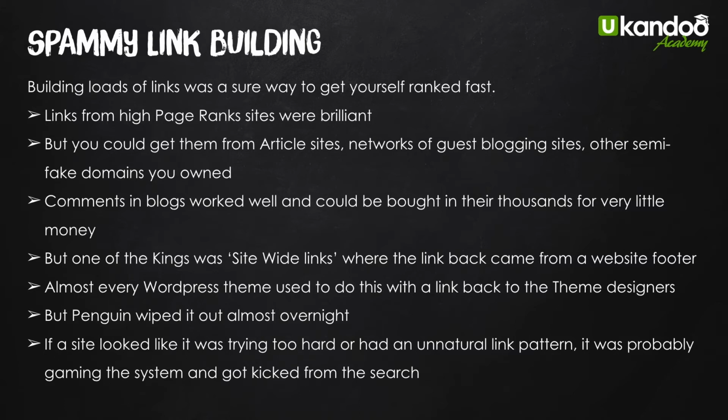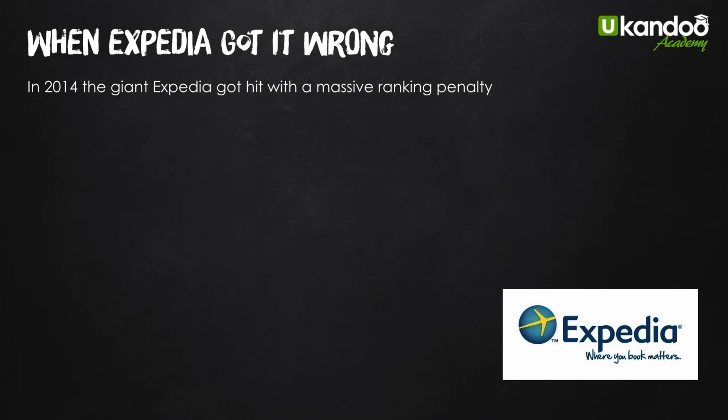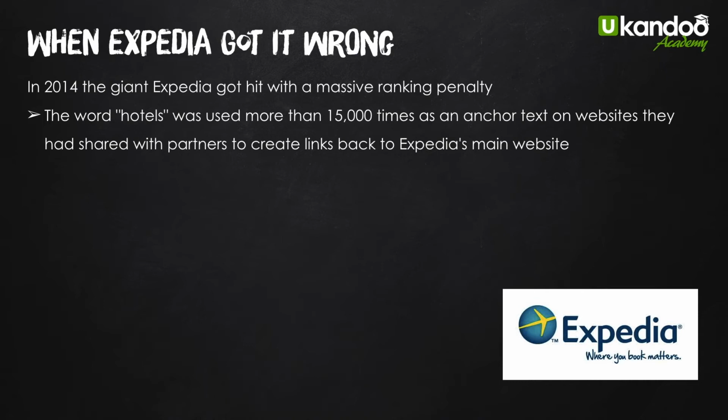But here's an example of when Expedia got it completely wrong. So in 2014, so again very recently, they got hit with a massive ranking penalty. And what they'd done is they'd embedded the word "hotels" more than 15,000 times as an anchor text on websites they'd shared with their partners to create links back to Expedia's main website.